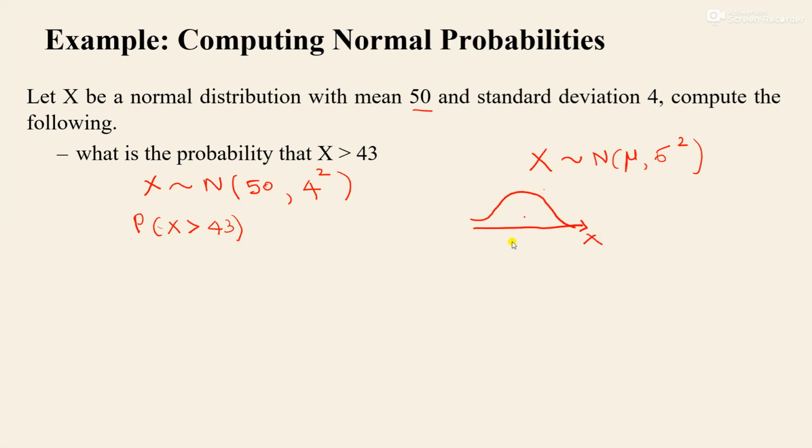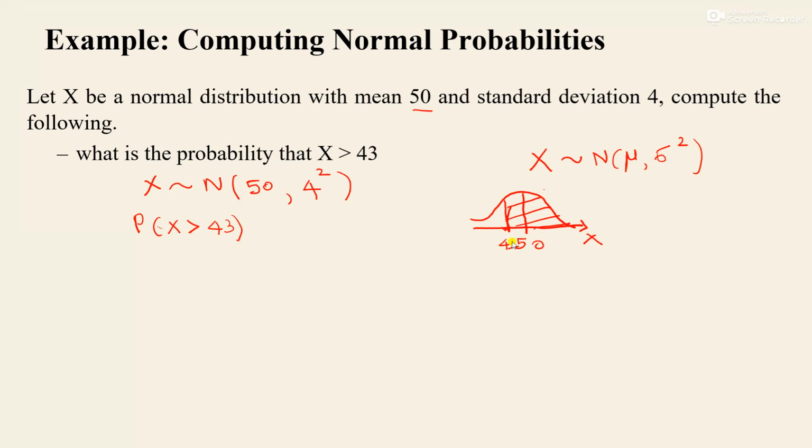The center point is the mean, that is 50. But we know x greater than 43. So 43 is less than 50, so you have to mark it on the left hand side. This is 43. Then x greater than 43, so that area greater than 43 is this area.